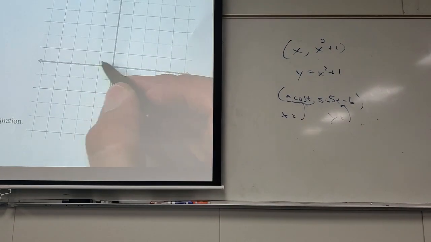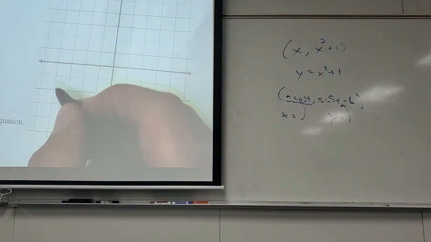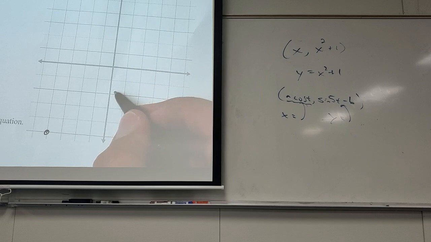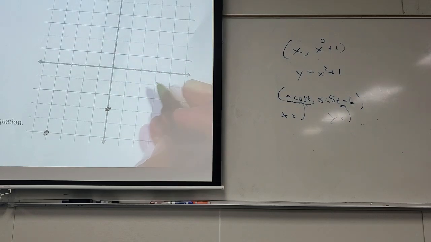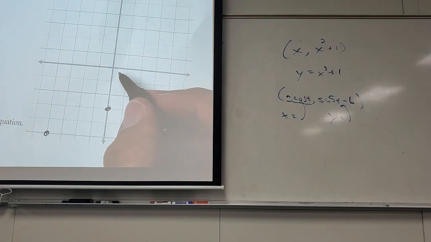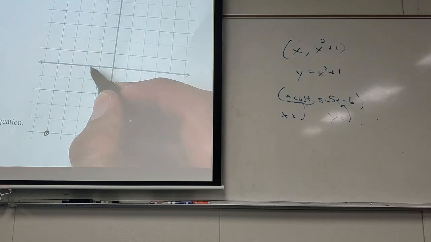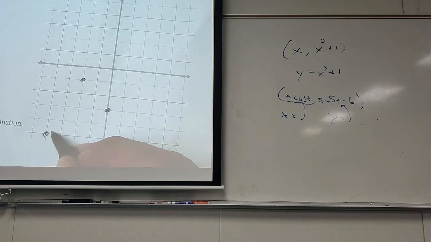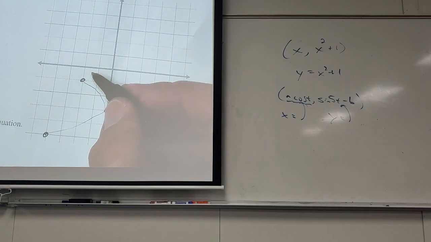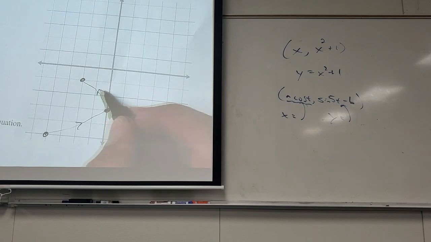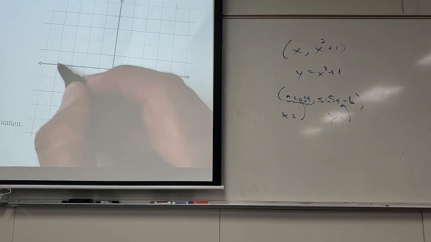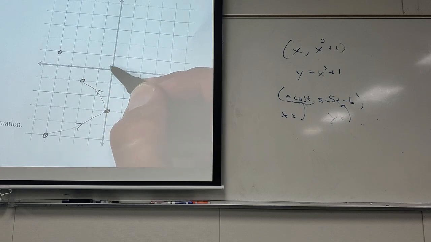And then you just got to plot points. -4, -5, 0, -3. Got to keep track of where you're going when. -2, -1. So I'm going this way. -4, 1, and 0, 3.